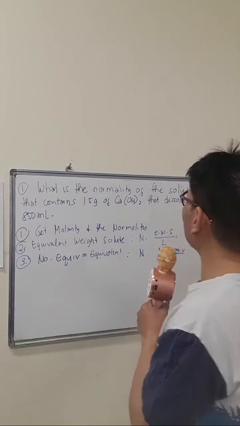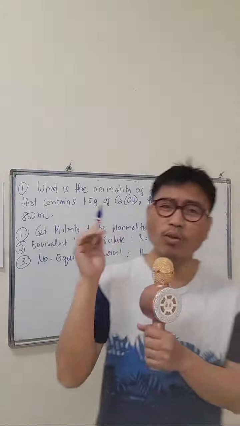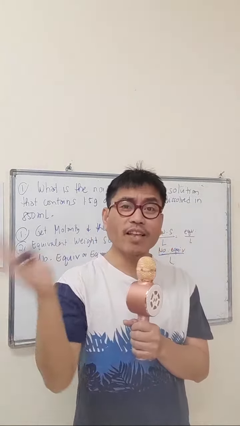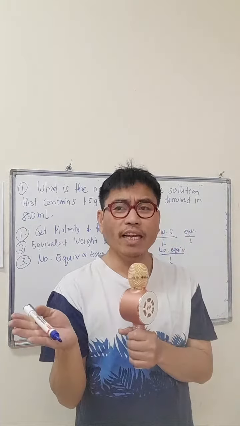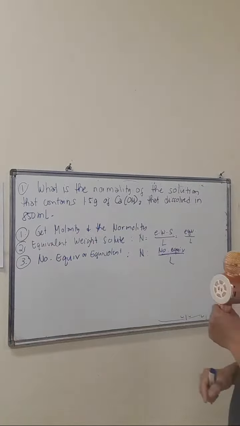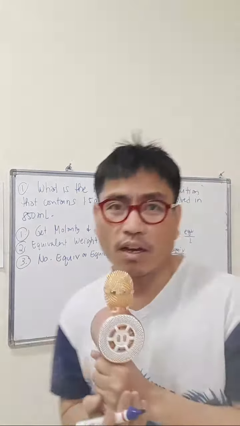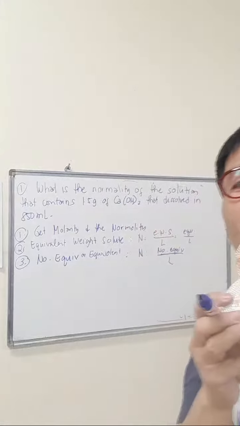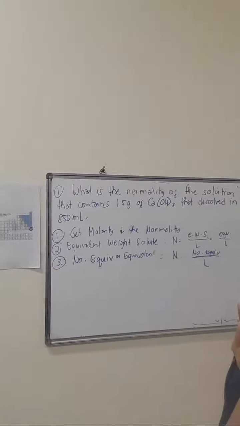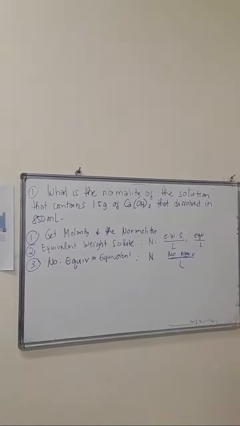So there are two versions of the formula. First, equivalent weight of solute per liter of solution. Second version is the number of equivalents over liter. Now we go first to solve number one. Very clear.